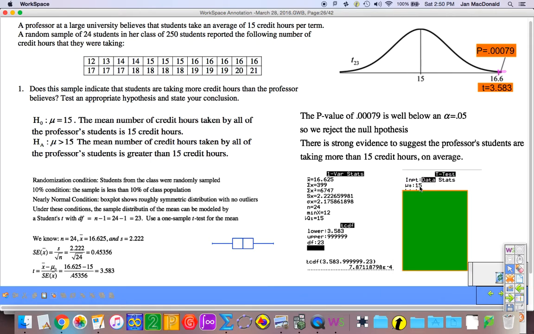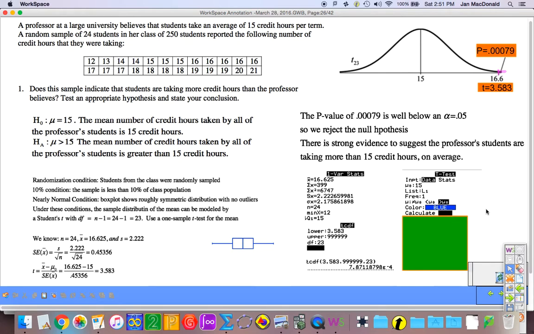Our parameter is 15 credit hours. Our data is located in list 1. And our alternative hypothesis is greater than 15 credit hours. And we're now just going to hit calculate.